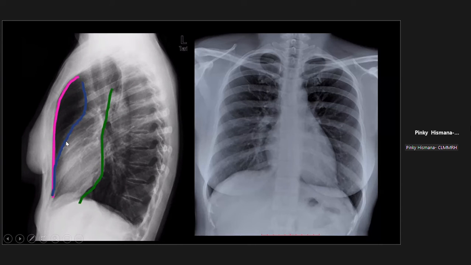Then, of course, between the blue and the green one, that would be your heart, that belongs to the middle mediastinum. What's between the green line and the red line would now be your posterior mediastinum. That would include the ribs. And now, for the superior mediastinum, basically, you would find it at the level of T4.